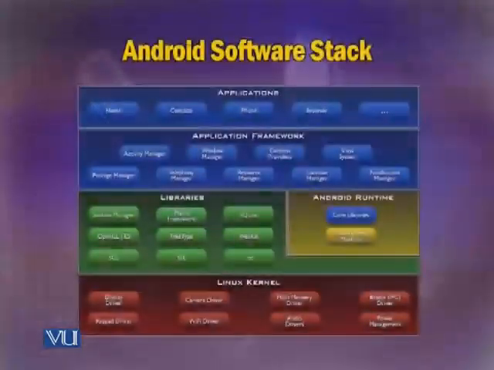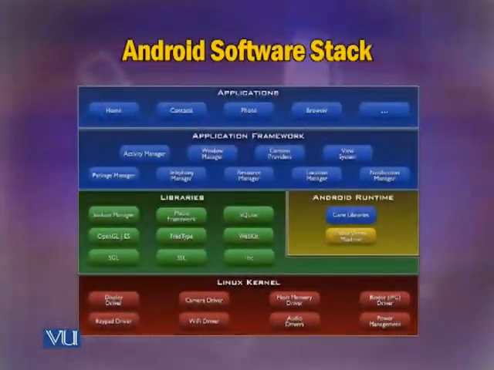लेकिन इसमें delve होने से पहले, just to put everything in perspective, on the screen I am showing you the software architecture of Android operating system. The different layers that Android operating system is composed of. I'm sure you have seen this diagram many times by now, but this is the core of the operating system.